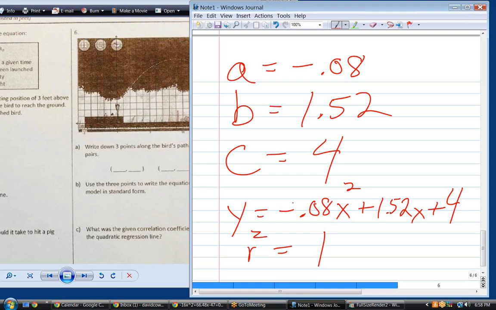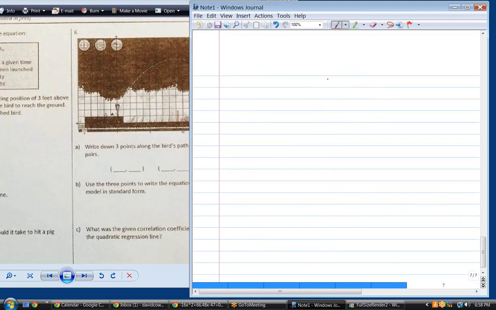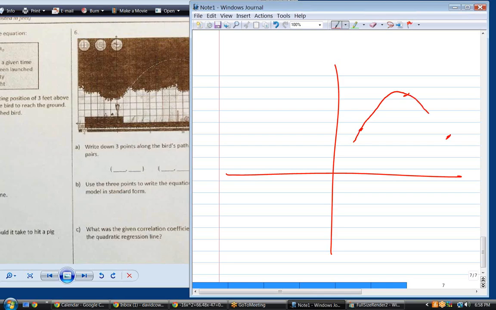Well, notice what a quadratic regression means. If I have only 3 points, there is only one quadratic that can fit through those 3 points. Gotcha. Which means it's going to be a perfect regression line. There is not going to be any distance at all between my 3 points and the quadratic that I've come up with, because I can fit a perfect quadratic through any 3 points.